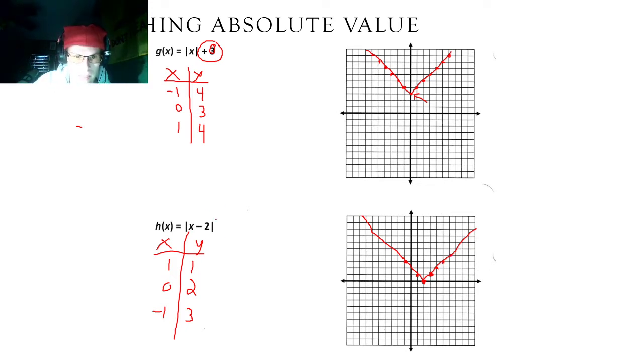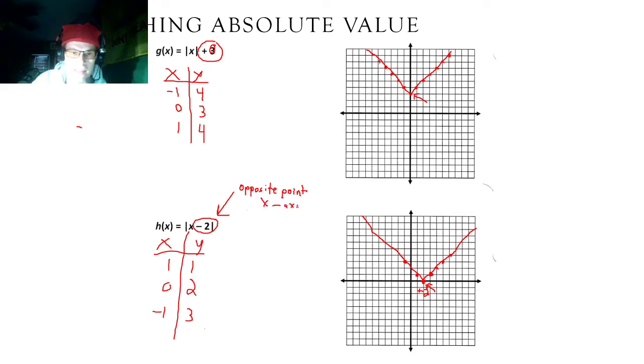Notice here, you have -2 inside the absolute value. Where is my vertex? It's at positive 2 on the x-axis. So if you have a number within your absolute value symbol, this number will map to the opposite point on the x-axis.